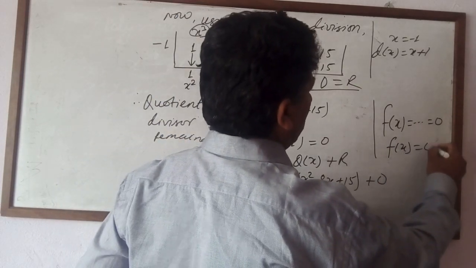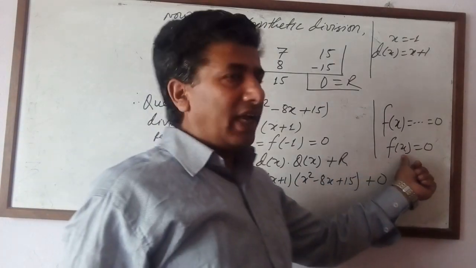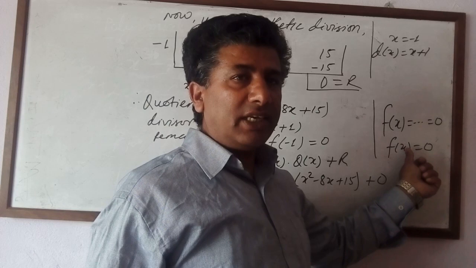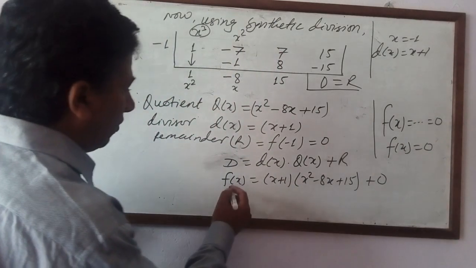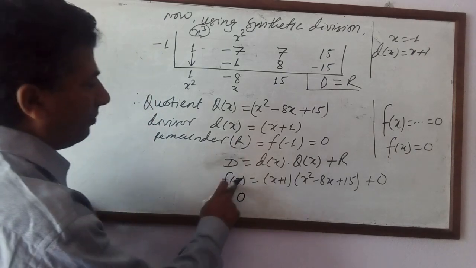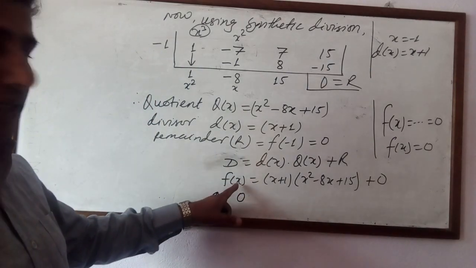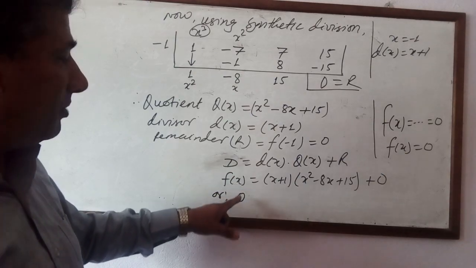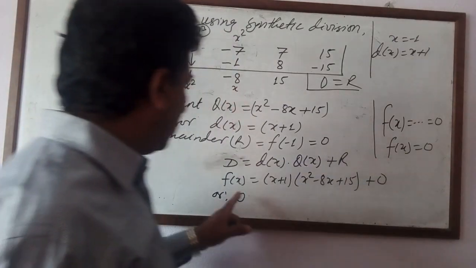f(x) equals 0 means which value of x gives image 0. That is the meaning. That's why we have to find image 0. That's why the value of f(x) means 0. This one is the image. Its meaning also: which value of x gives image 0, f(x) equals 0. Right here.